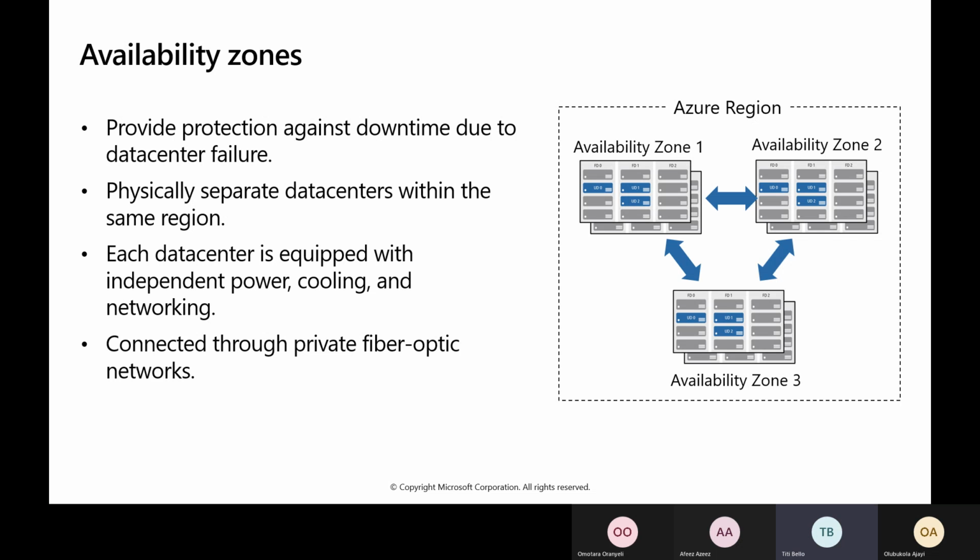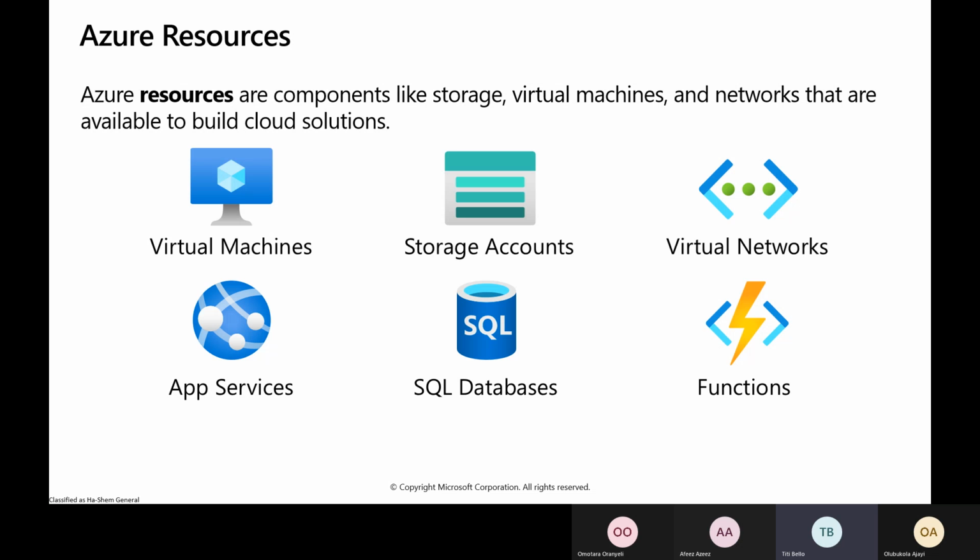So now let's talk about Azure Resources. Azure Resources are actually components. And what are these components? They can be virtual machines, storage, virtual network, or app service. App service, really, what is running behind it is IIS.